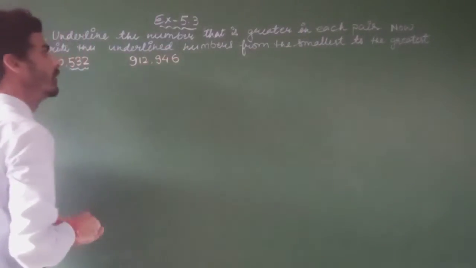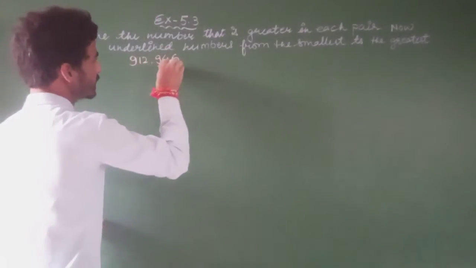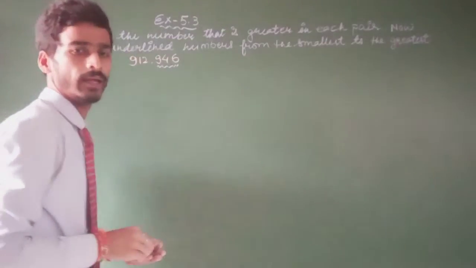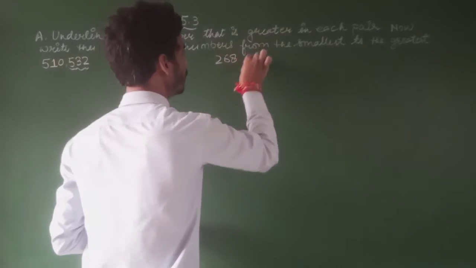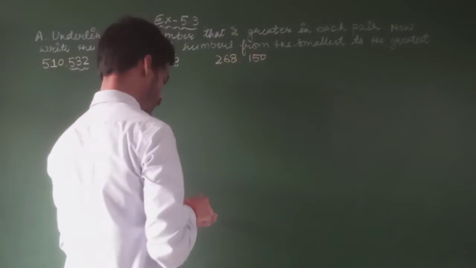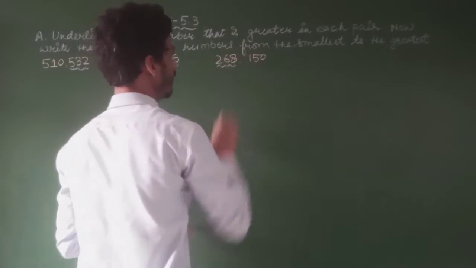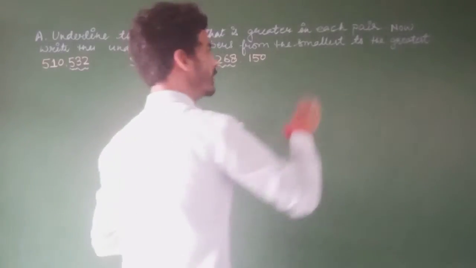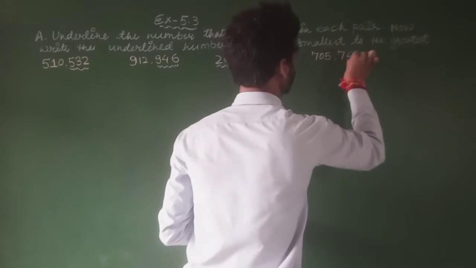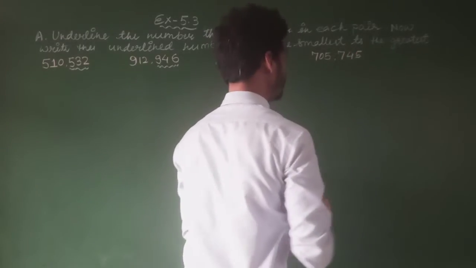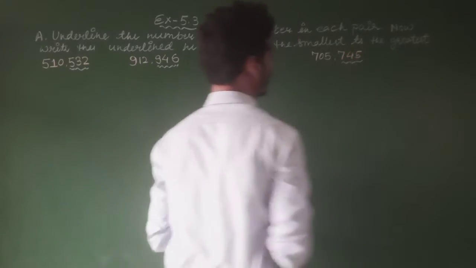Which one is greater? 946 is greater. In the next group, 268 and 150. 268 is greater. And in the next group, 705 and 745. Which one is greater? 745 is greater.